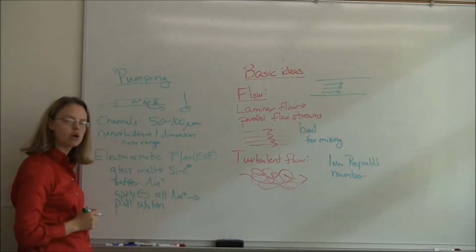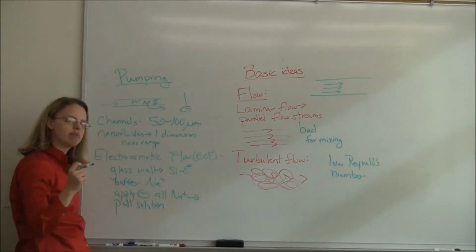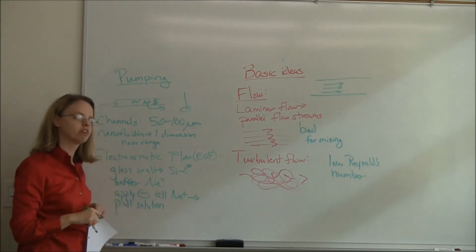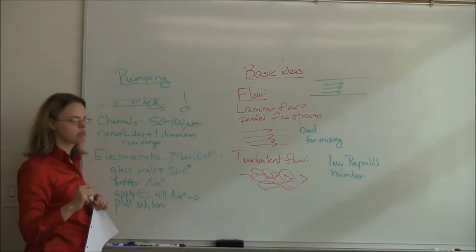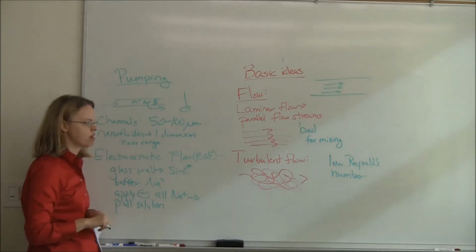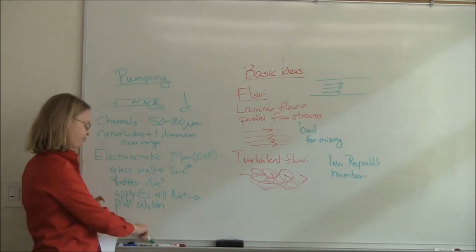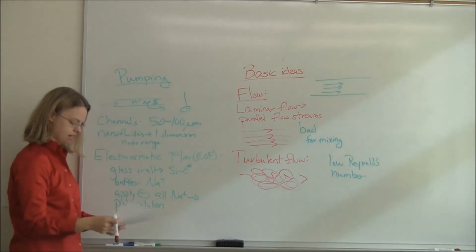So that flow is called electro-osmotic flow. And it's really convenient in a microfluidic chip because it means you just stick in 2 little electrodes, apply a voltage, and you get your stuff to go. And so this works really well on glass chips, not as well on PDMS, which we'll talk about in a minute. But that's the way people typically get their fluid to flow around their chip, is to use this electro-osmotic flow.